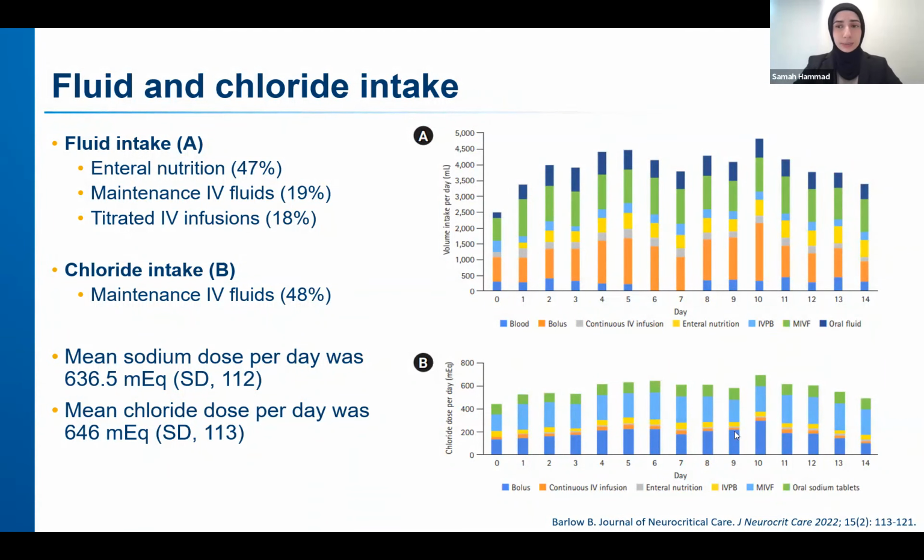Over the course of the study period, the majority of fluid intake was from enteral nutrition, followed by maintenance IV fluids and titrated IV infusions. The majority of chloride administered primarily came from maintenance IV fluids. And after this, it was enteral sodium supplementation and nutrition. The mean sodium dose per day was about 636 milliequivalents, and the mean chloride dose per day was 646 milliequivalents.